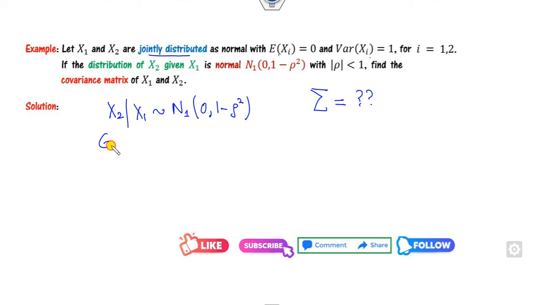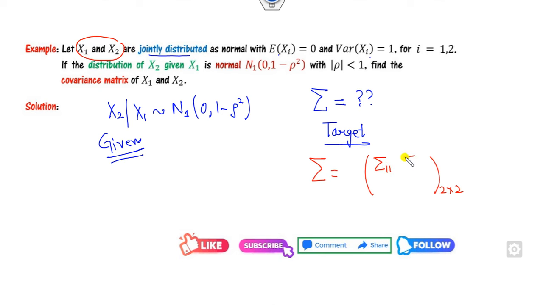This is given to you, fine, and this is your required target. So what is the dimension of this? Because it has only two dimensions, this will be my 2 cross 2, that is sigma 1,1, sigma 1,2, sigma 2,1, sigma 2,2, and your target is to find these 4 numbers.